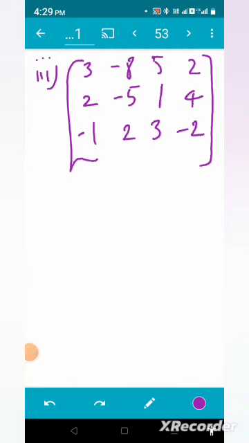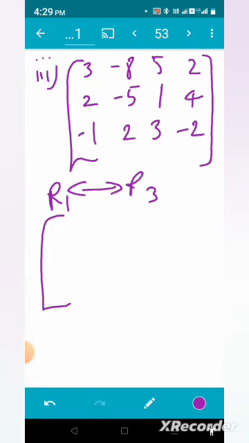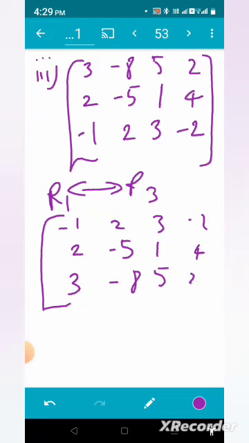So first, in the given matrix R1 is a very large number compared to R2, so I can interchange R1 and R3. So R3 is minus 1, 2, 3, minus 2. The second row is not changed, 4, 3, minus 8, 5, 2.